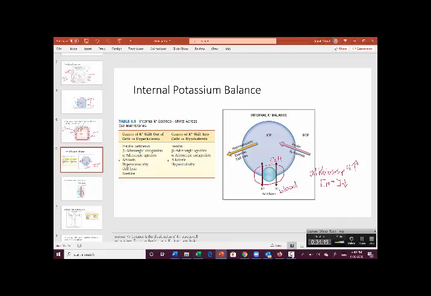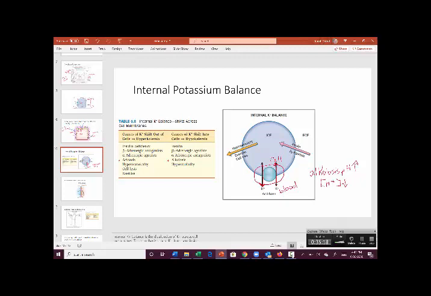Hydrogen is going to favor coming out of the cell down its concentration gradient. If hydrogen leaves the cells, potassium must swap inside to maintain electroneutrality. If potassium is shifting inside the cells more now, this will produce hypokalemia in the blood.